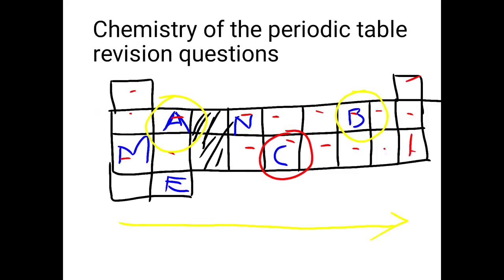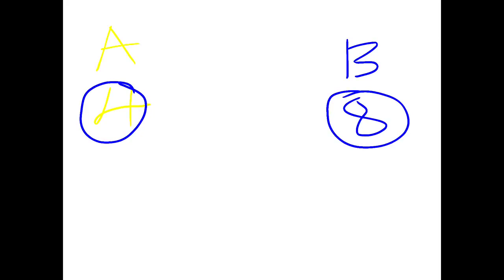So the atomic number of A is 4, while the atomic number of B is 4, 5, 6, 7, 8, is 8. So that means that A has 4 protons, while B has 8 protons.